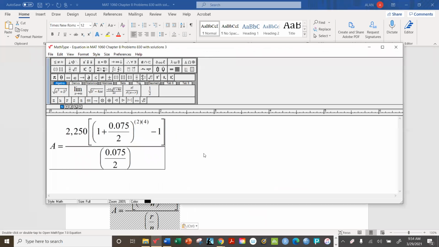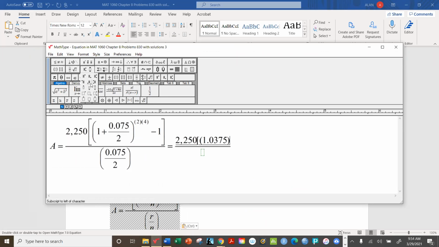All right, so let's see what it simplifies to. 22.50, 1.0375 raised to the 8th power, minus 1, all divided by 0.0375.